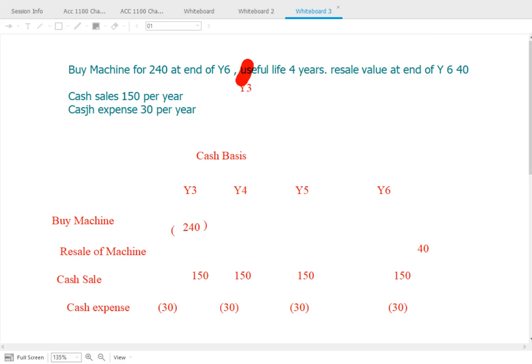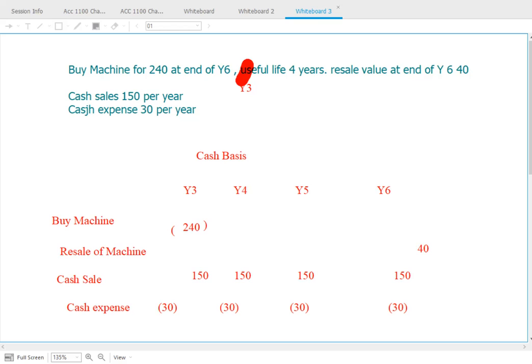So if I need to calculate the net income under the cash basis, I'm going to focus on inflow of cash minus outflow of cash. Buying a machine is an outflow of cash, which happened in year 3. When I sell my machine in year 6, this is an inflow of $40. Cash sale, inflow; cash expenses, outflow.